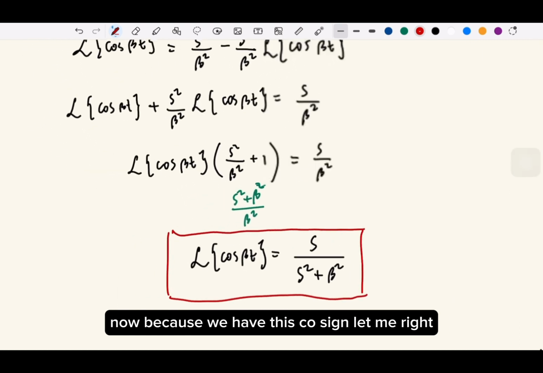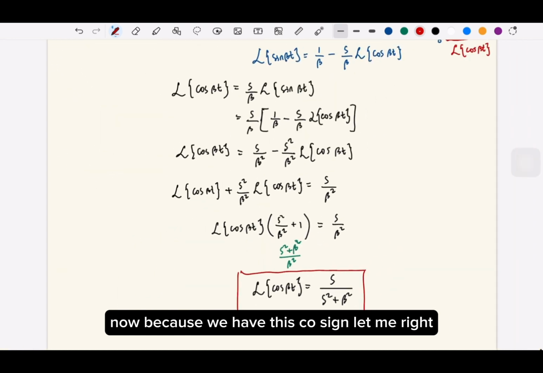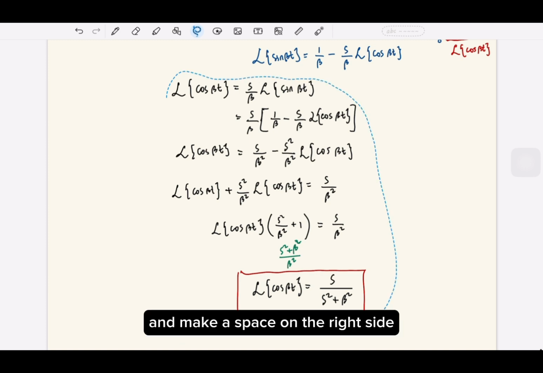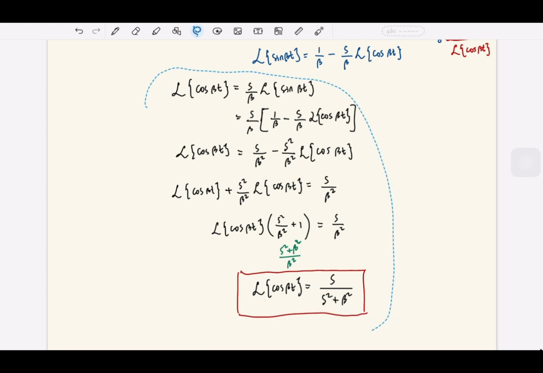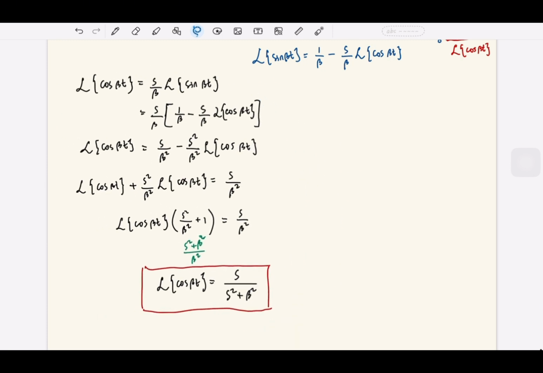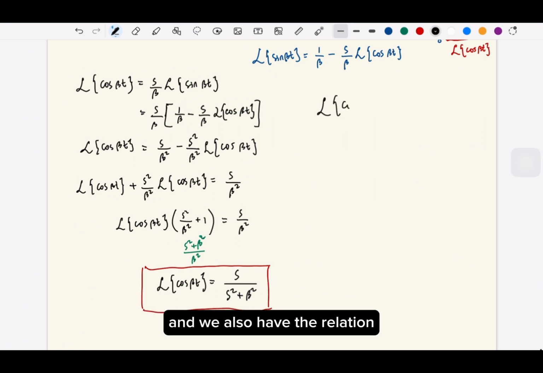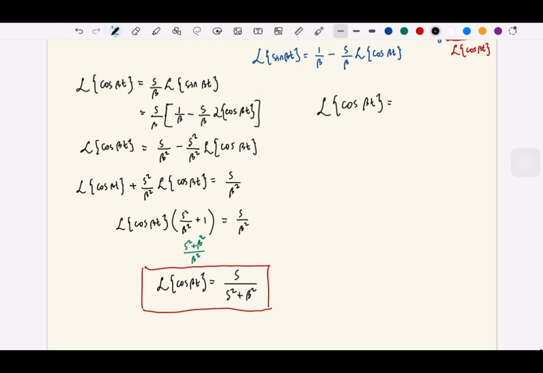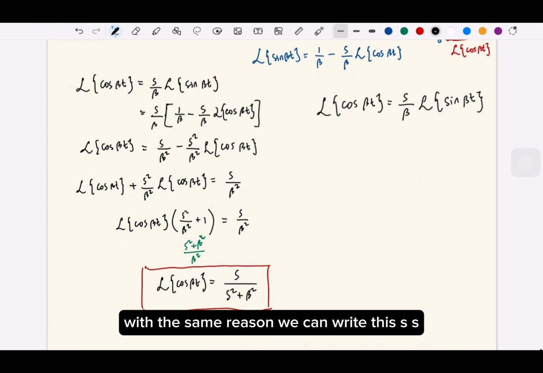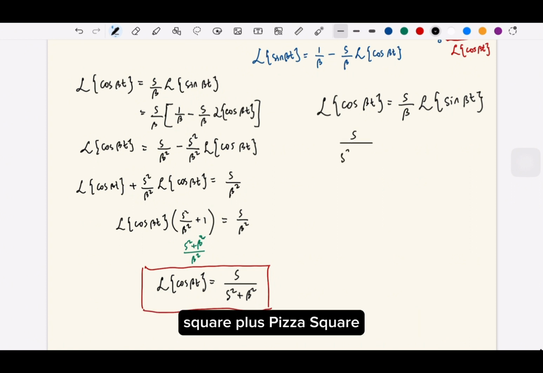Now because we have this cosine, let me make a space on the right side. Because we have the cosine and we also have the relation, with the same reason we can write this as s squared plus beta squared.